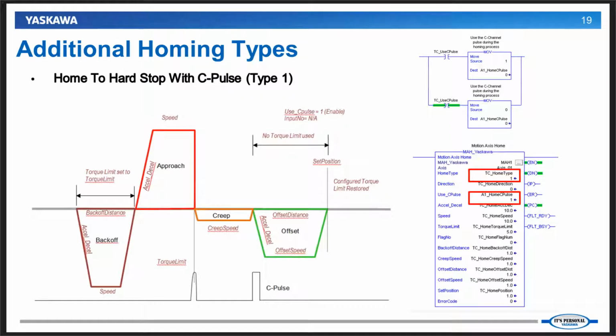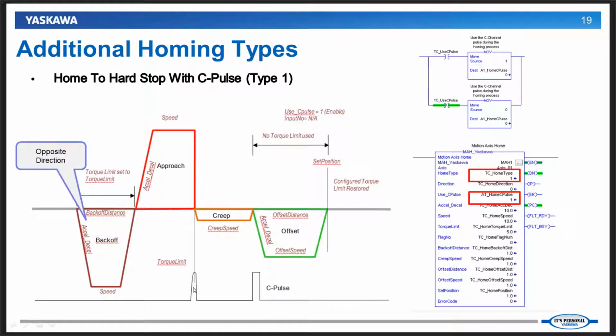So here's a sequence which shows the cycle of the home to hard stop with C-pulse. First, it'll make a back off move in the opposite direction of the homing direction you enter here. For example, if you enter a homing direction of 1, say positive, the back off distance would be negative, and it will back off, and then it will try to approach towards the hard stop.